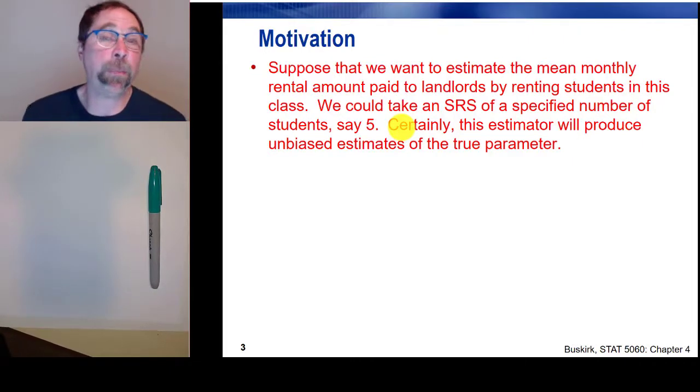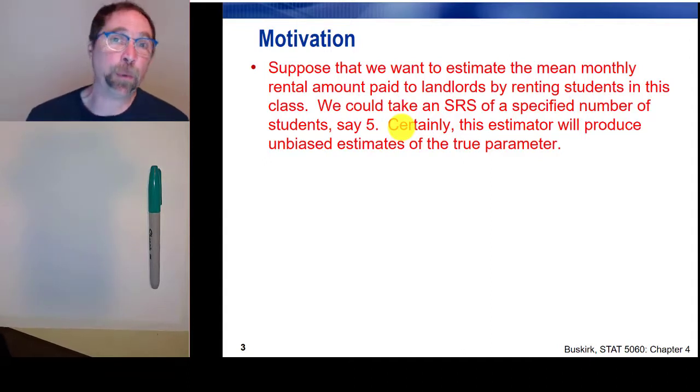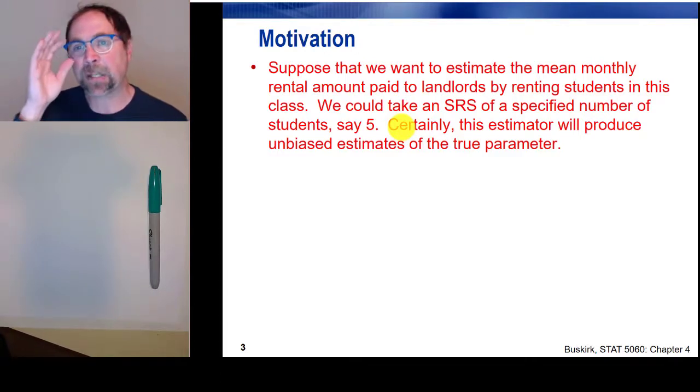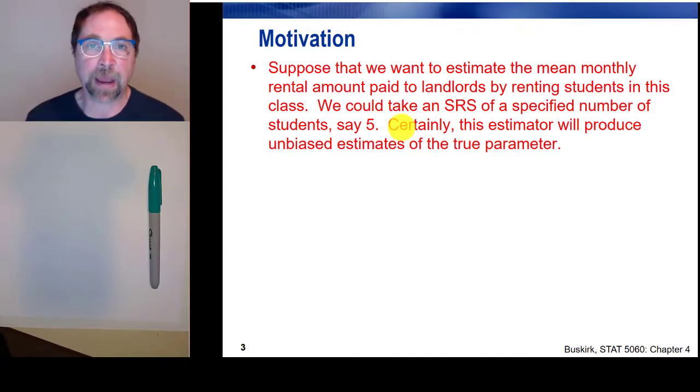Now, you could have an apartment by yourself, you could be renting a room, you could be in a house where you have no rent, but in any case, you would report the amount of rent that you paid. We would take the average for those 5 students in our sample, and we would get an estimate of the true parameter, and this estimate would be unbiased based on what we know about simple random samples without replacement and the sample mean estimator.